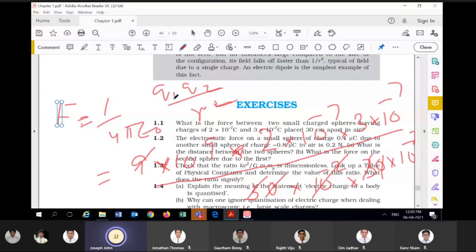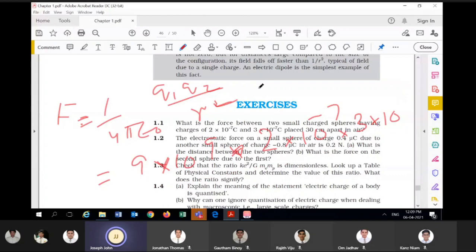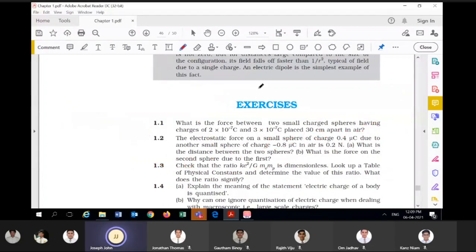I'll show you one more time if you don't mind. See, this is the way to do it. First one is 9 into 10 raised to 9. The other one is what?